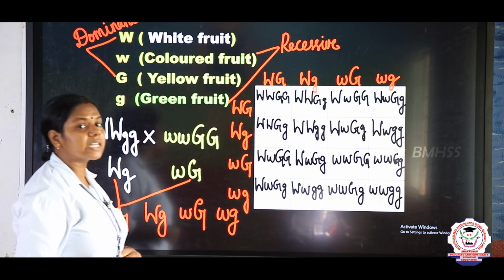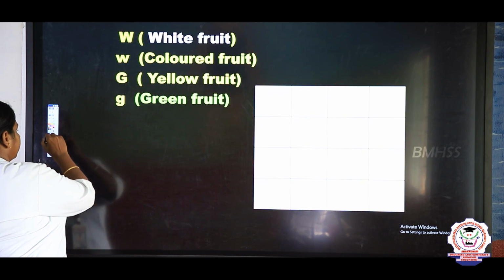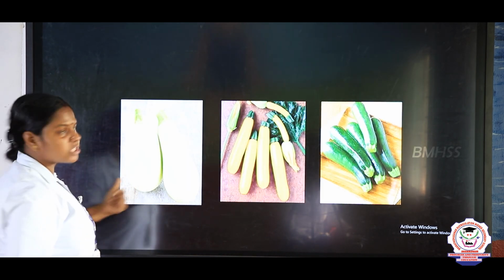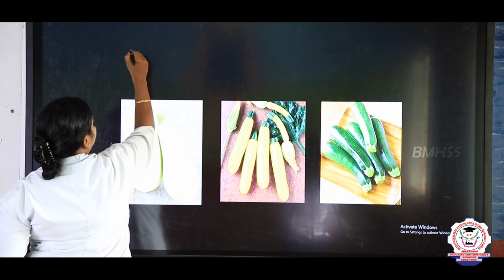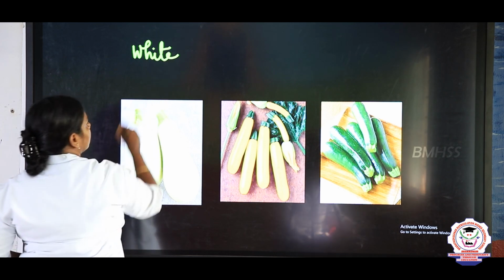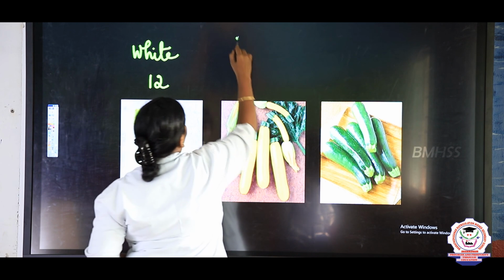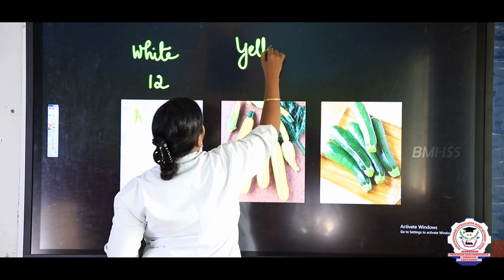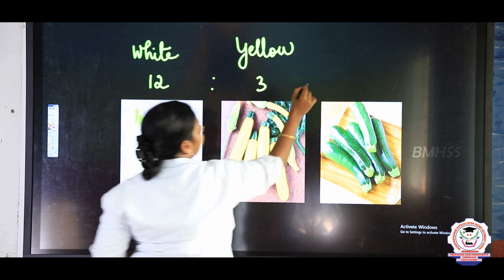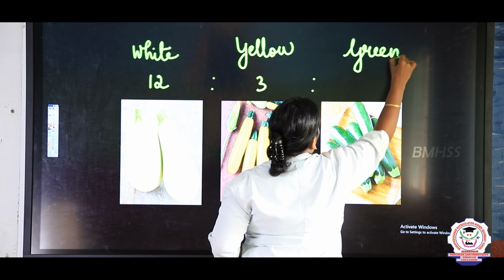Now let us derive the phenotypic ratio. How many white fruits are formed, children? Yes, white fruit 12, then the yellow fruit 3, and the green fruit 1.